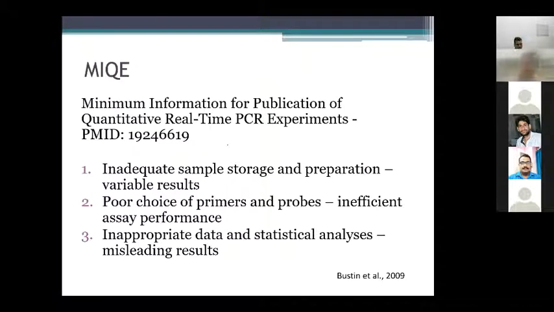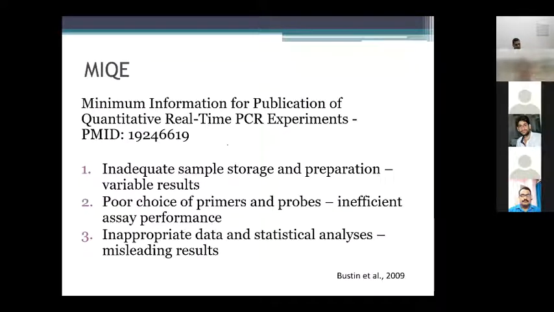It shows the different minimum information required before publishing the data, so these guidelines are globally accepted, and before you publish, you should know what the different MIQE guidelines are. They are available on the sites.